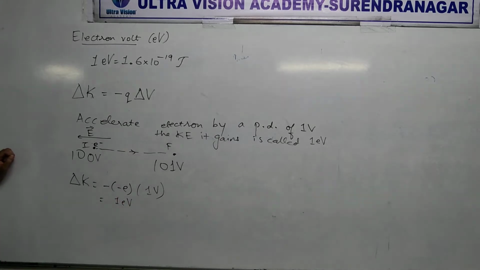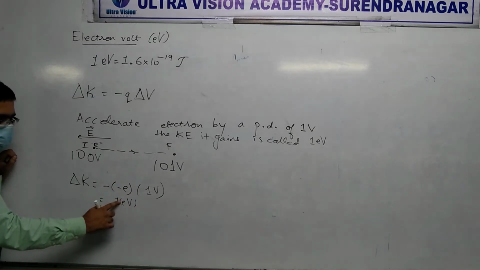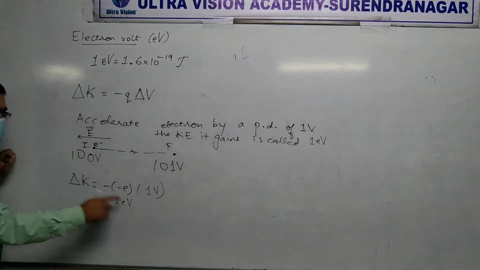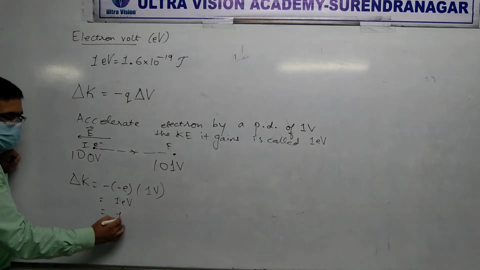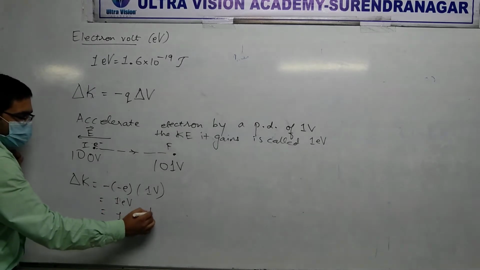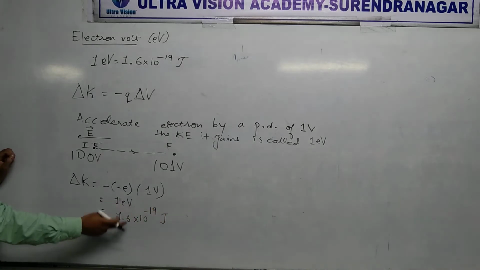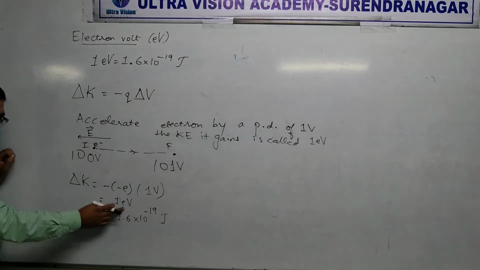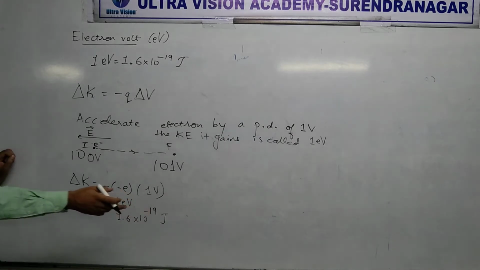Okay. I know E is not a unit here, but when we combine E with volt, it becomes a unit, right? So this is 1 eV. But in joule, this same thing would be 1.6 into 10 raised to minus 19 joule. I hope you get why. Because if you put charge of electron, how much is the charge of electron? This much. And coulomb into volt gives you joule.